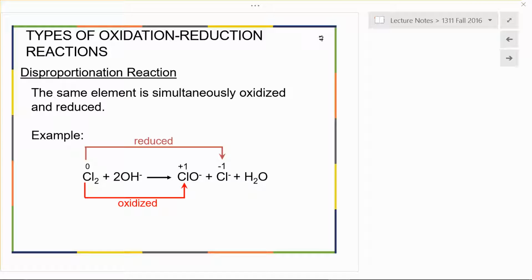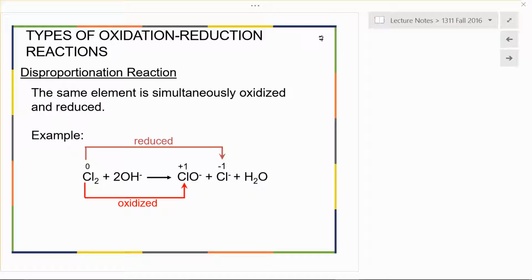So we have oxidation reduction happening on the same molecule. Chlorine broke up into 2 chlorines. One of them got oxidized, the other one got reduced. This one got oxidized and with this oxygen. And here it just became chloride. And so we have a disproportionation reaction because of that. So if ever you see one thing over here becoming 2 things over here, it's possible that that's a disproportionation reaction, because you would have to identify the oxidation states of the elements on the other side to identify whether they're at the same oxidation state or not.